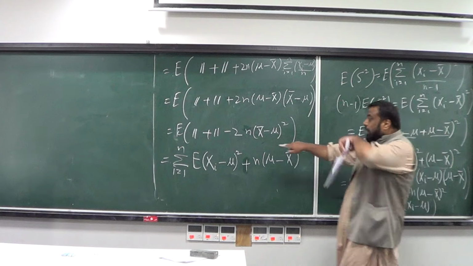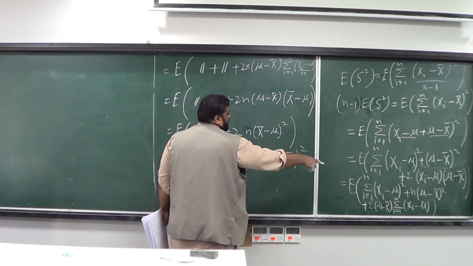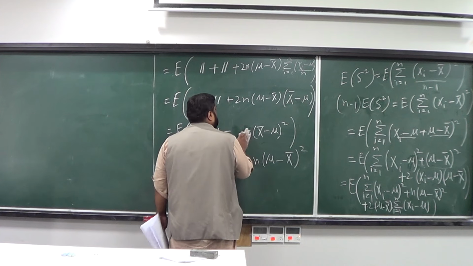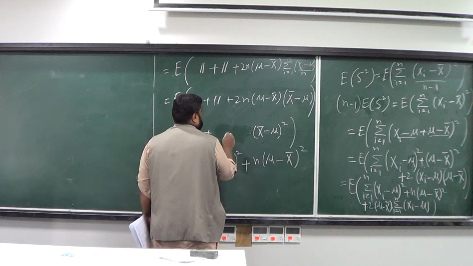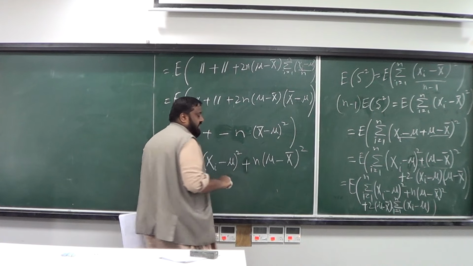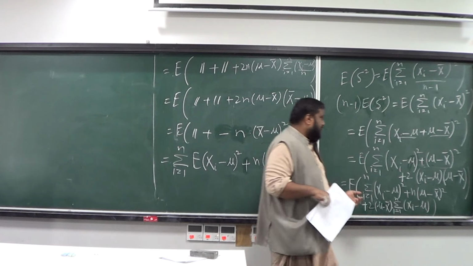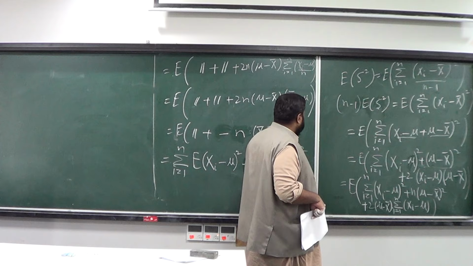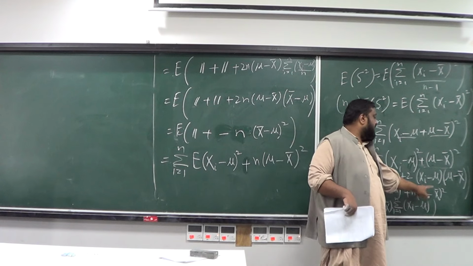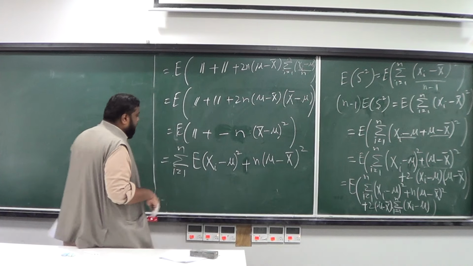And this is minus 2n times (x bar minus mu) squared. So 1n will be cancelled with 1n and you're going to remain with this. So the second term will go away. In other words, this is 2n times (x bar minus mu) squared, this is n times (x bar minus mu) squared. So remaining would be n actually. Okay.